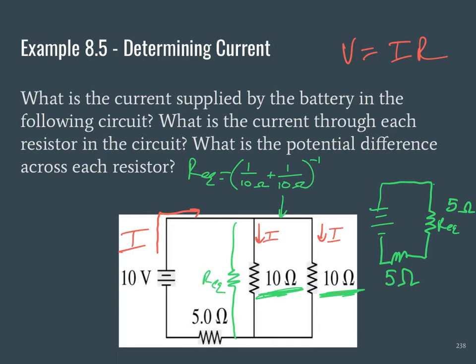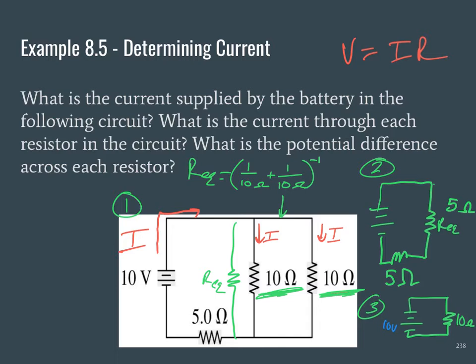Okay, so this is my circuit 1, this is my circuit 2, and now my third circuit is my simplest circuit. I take these two 5 ohm resistors, and my equivalent resistance in series is just the sum of those two, which means it's going to be 10 ohms. So now I can start with circuit 3 and work my way backwards. This is 10 volts.